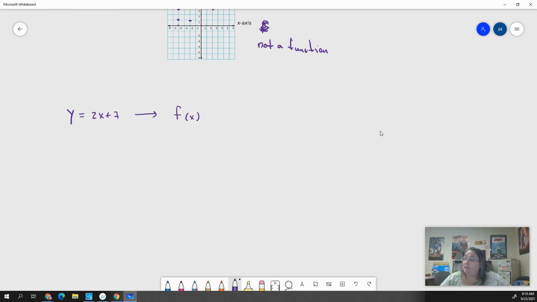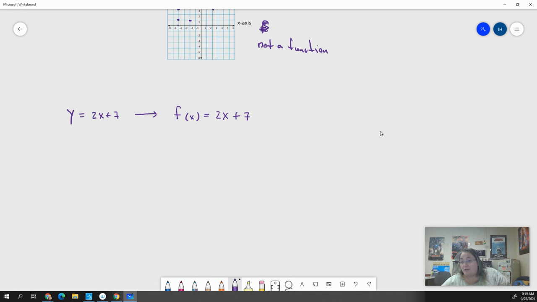The function's name is f. Its input is x. So we're saying the name of this function that we call f has an input of x. And that x, the relation that's happening to it is we're multiplying that x times 2, and we are adding 7 to it. And we will do that to any value of x that we come across, right?